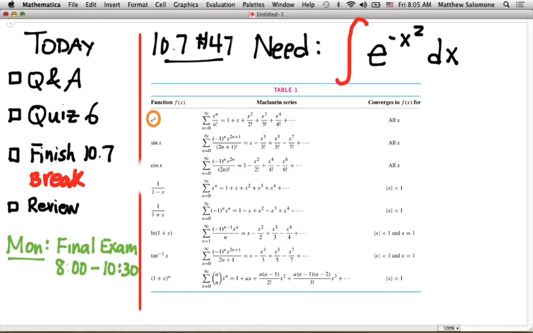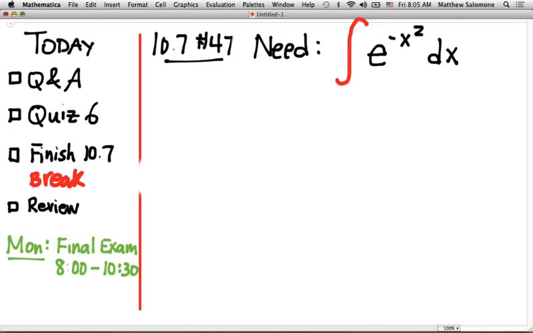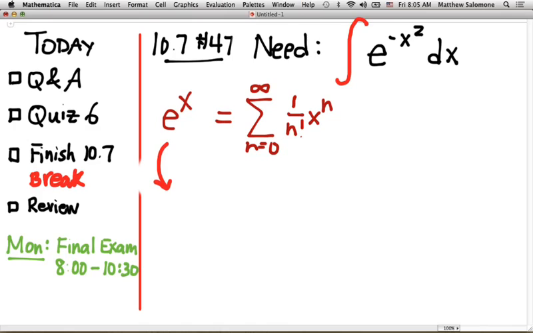E to the x is the obvious choice. So picking the e to the x series out of this list, e to the x, whose general term is x to the n, I'm going to write it as 1 over n factorial times x to the n running from 0 to infinity. We need to somehow turn this via a series of steps from e to the x into the antiderivative of e to the minus x squared.